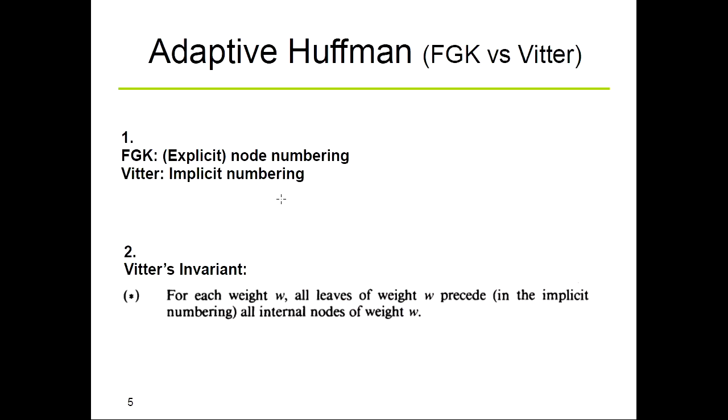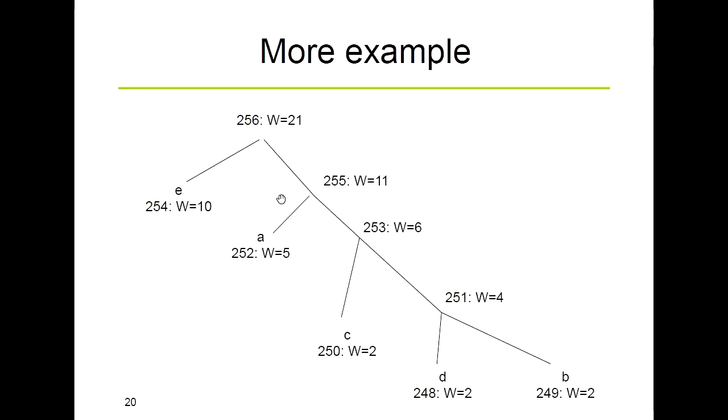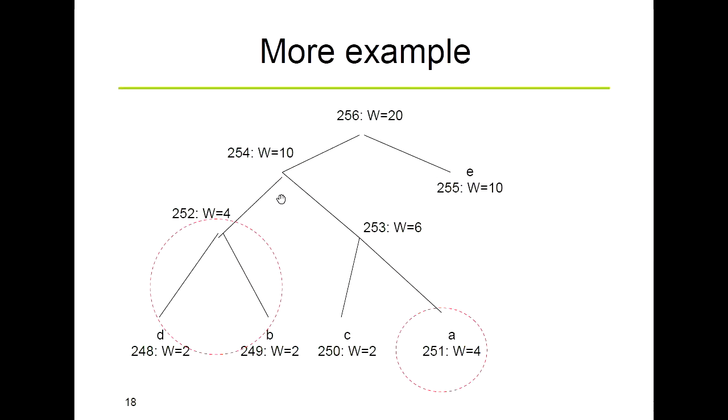It will be exactly the same as what you have done so far, as I said, the Jeff Vitter case, except that when you have equal weight, you put all the leaf nodes on the left-hand side and further down, before the internal nodes, if they have the same weight.